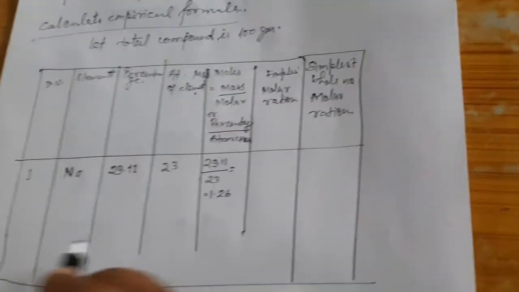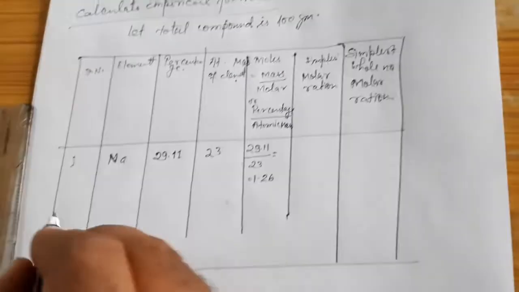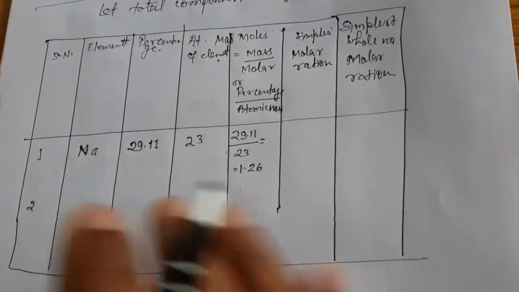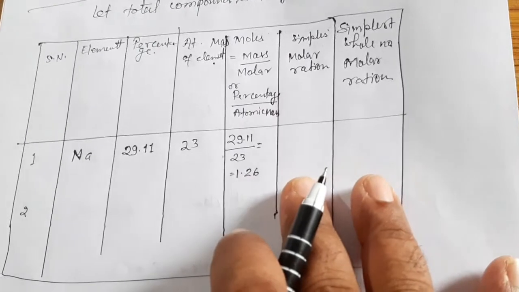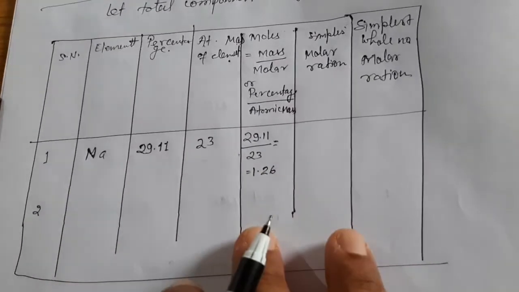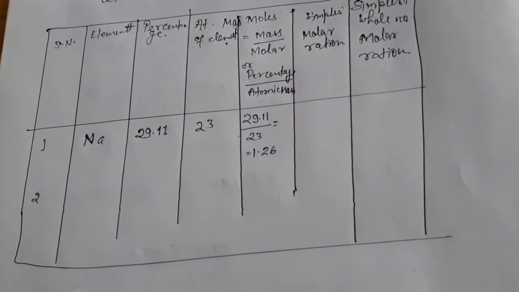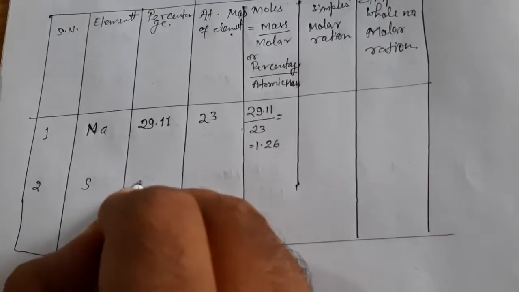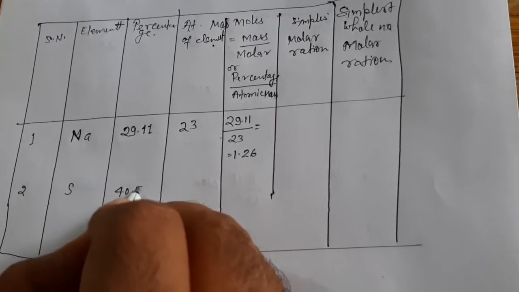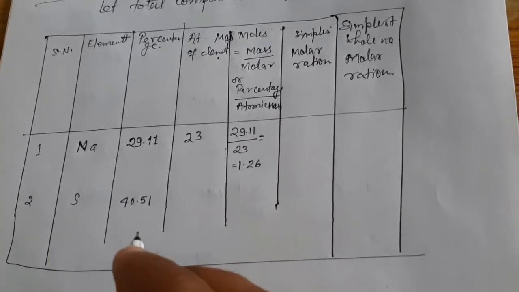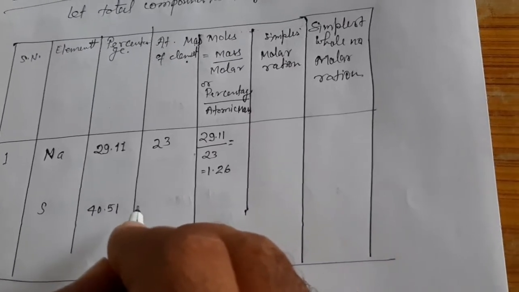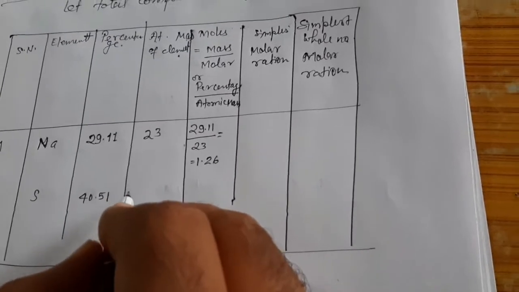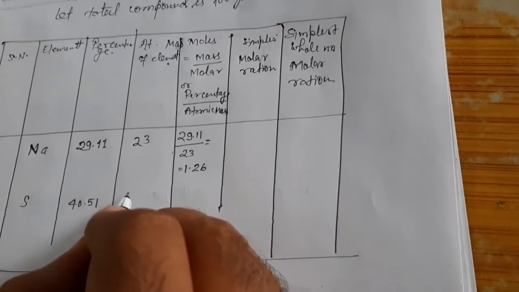Next, second one, just skip these two. First of all, calculate the moles of all elements given. Then sulfur. For the sulfur, it is 40.51, and its atomic mass, we know, is 32.